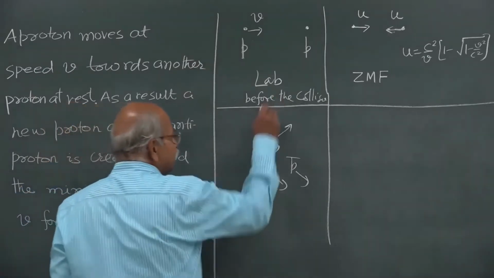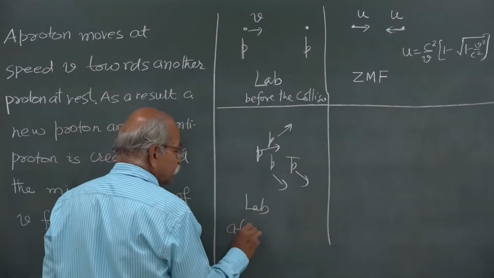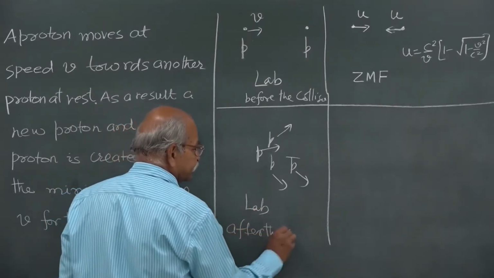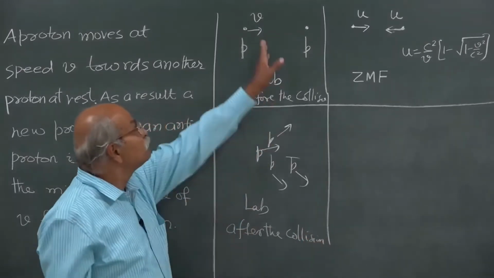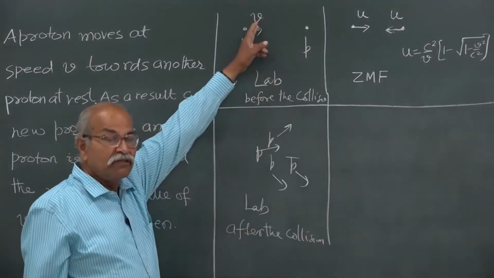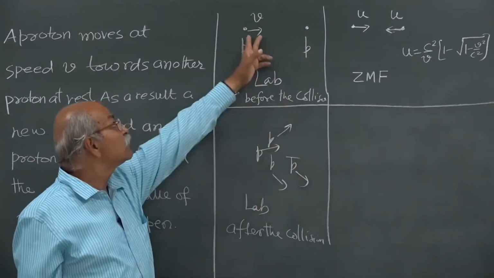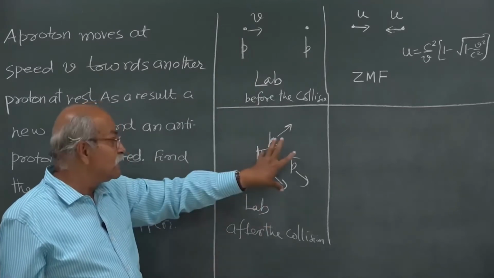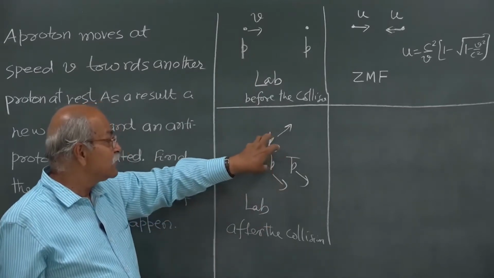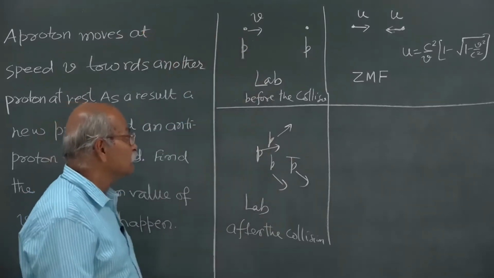So, this is the lab frame once again after the collision. We are still looking for the minimum value of V, but we cannot make all of them be at rest because I have to conserve linear momentum. So, what combination of velocities will ensure that this V is minimum, that we have to obtain.